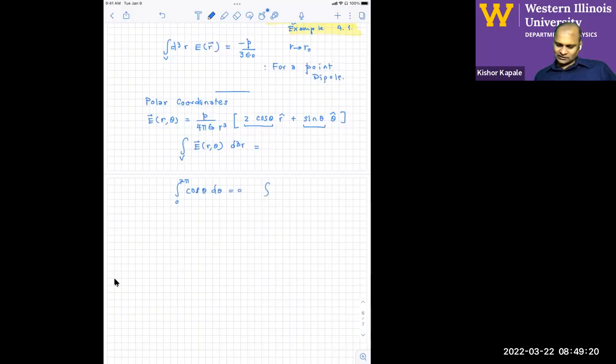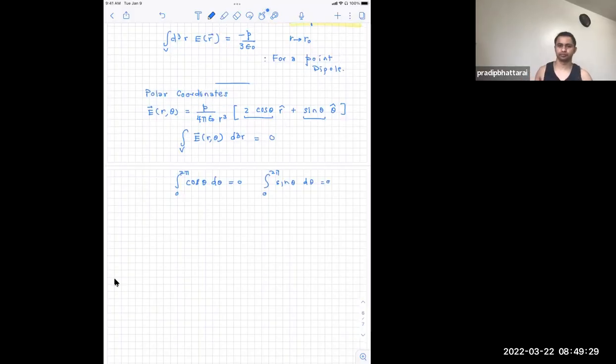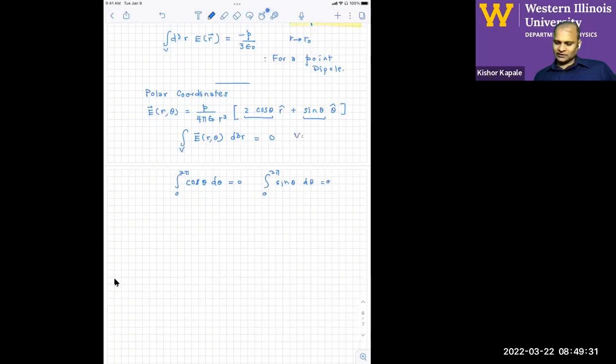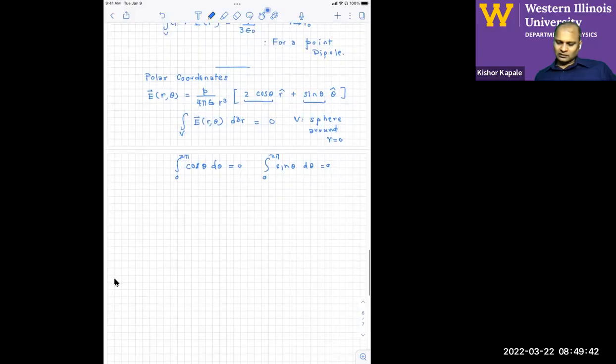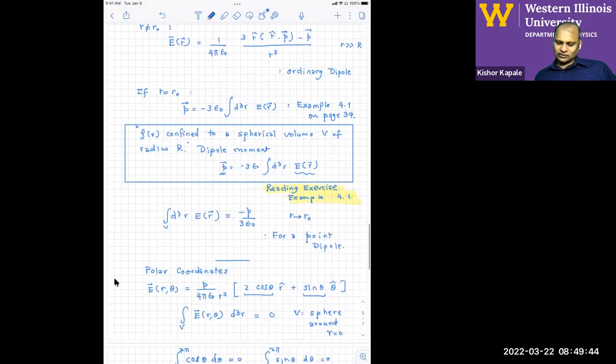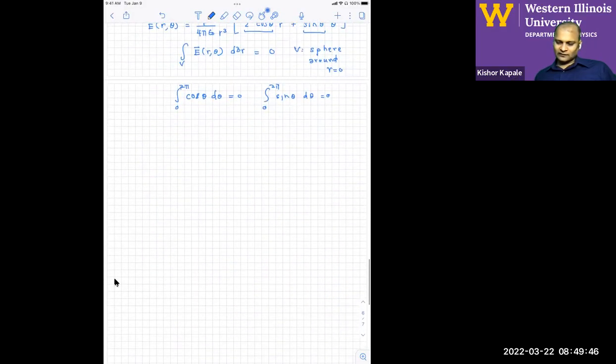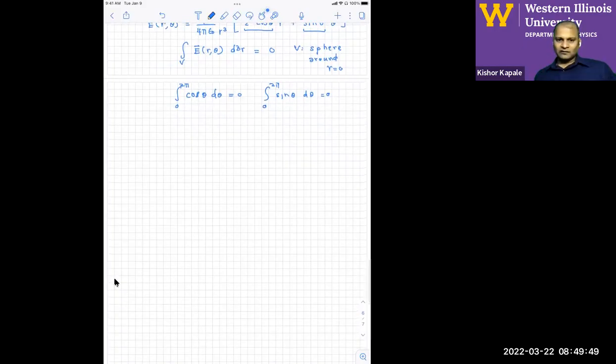Yes, 0, and 0 to 2 pi of sine theta d theta is going to be 0. And so that gives us 0. Okay. We are taking this to be spherical. So if we are very close to that, it looks like the electric field integral over the whole volume of space is 0.